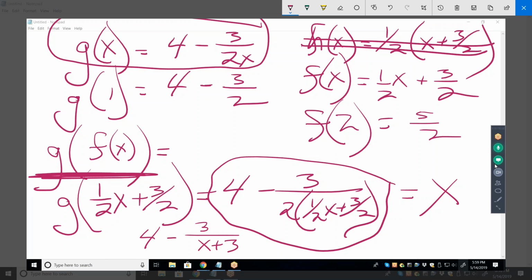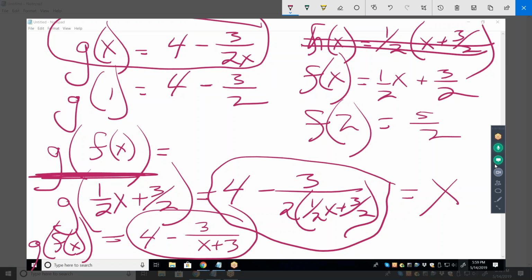Well, is that x or not? That's equal to g of f of x. And incidentally, the rules on inverse functions: g of f of x has to equal x, and f of g of x has to equal x.